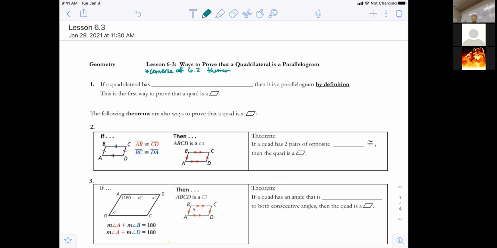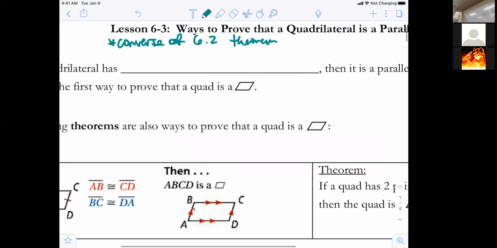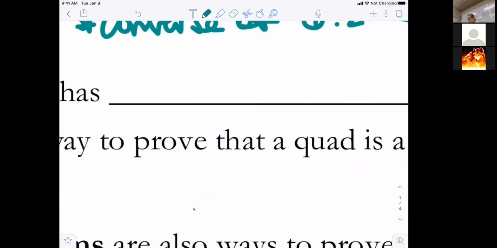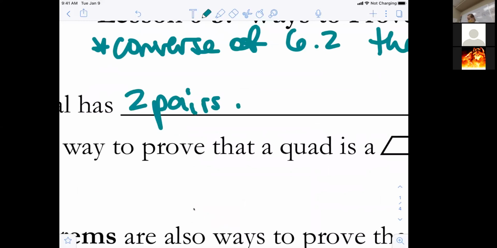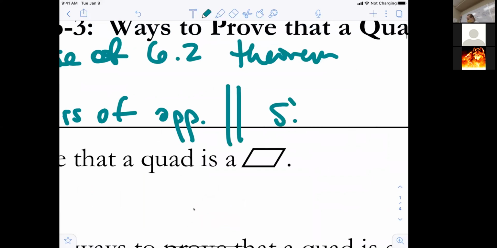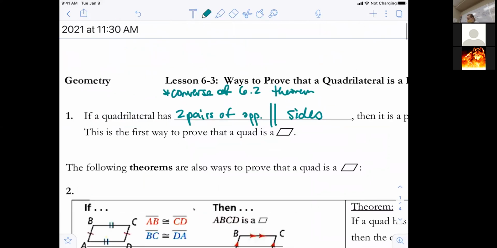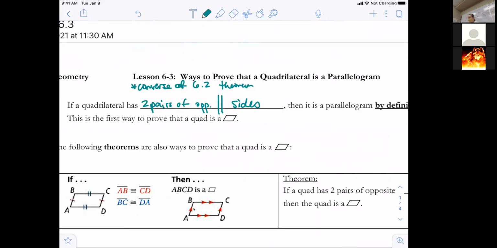So the first one, there's 6 of them, which is one more than what we learned the last time. So the first one is the by definition. If a quad has 2 pairs of opposite sides parallel, so I'm going to write 2 pairs of opposite parallel sides, then it is a parallelogram by definition.